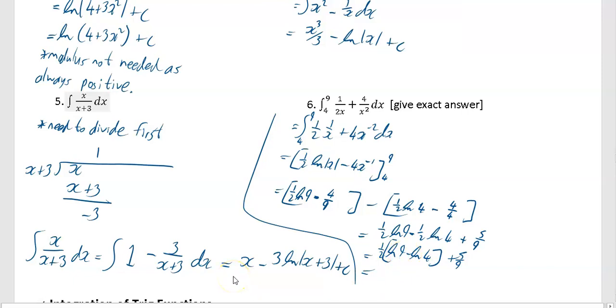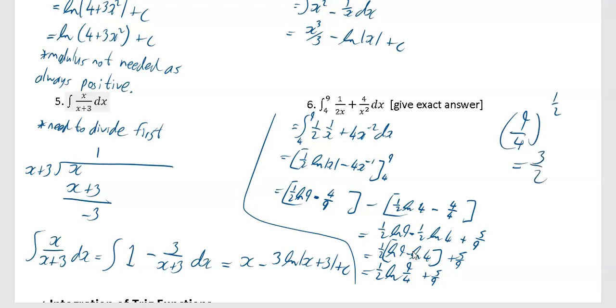So that's really a half ln 9 over 4, and then plus 5 over 9. And also this half, this is your third rule of logs, which is n log a is equal to log a to the power of n. So this half can go up here, and that means it's 9 over 4 to the power of a half, which means the square root of 9 over 4, which is 3 over 2.